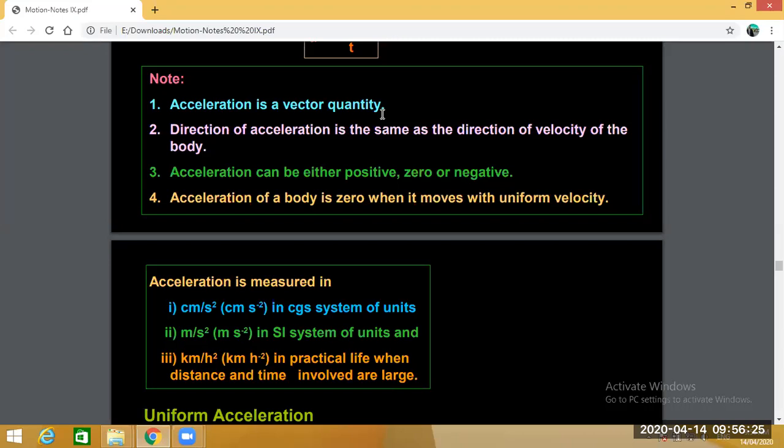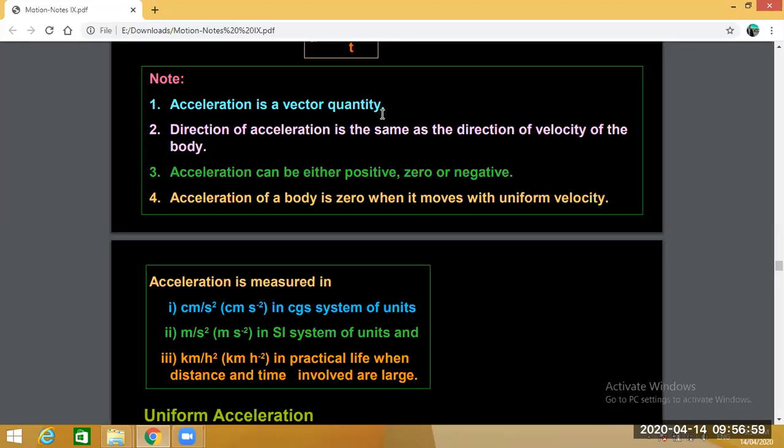Next thing is the measurement of acceleration. Because acceleration is a physical quantity, it must be measured, and for measuring, we need units. In the CGS system, acceleration is measured in centimeter per second square, because change in velocity has unit centimeter per second, divided by time in seconds, so second becomes second square.